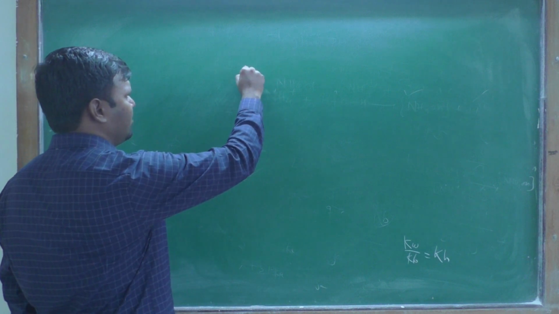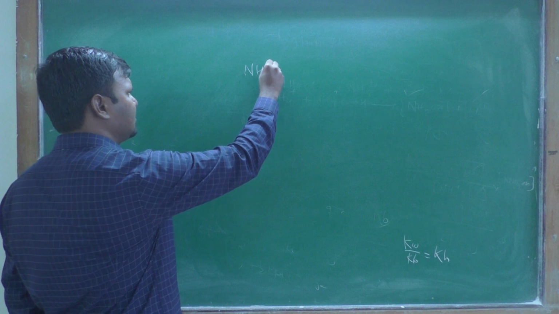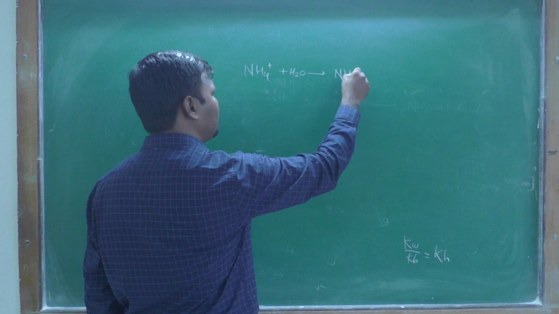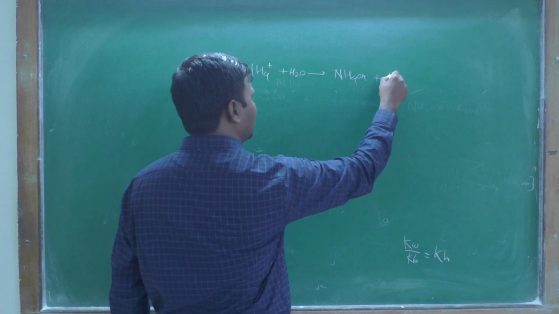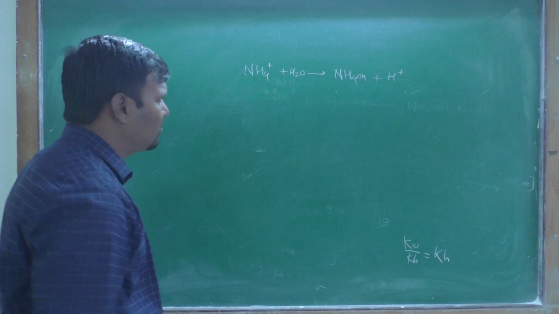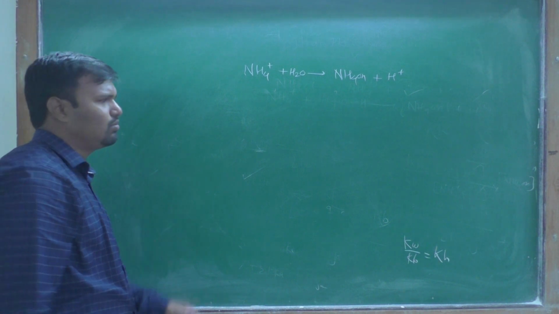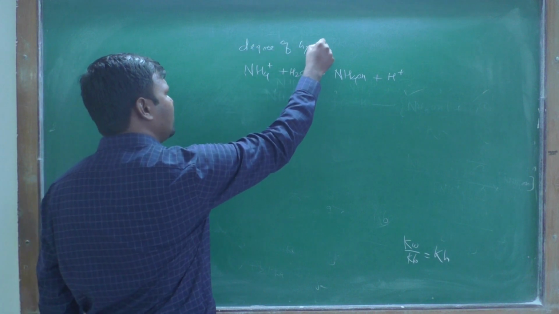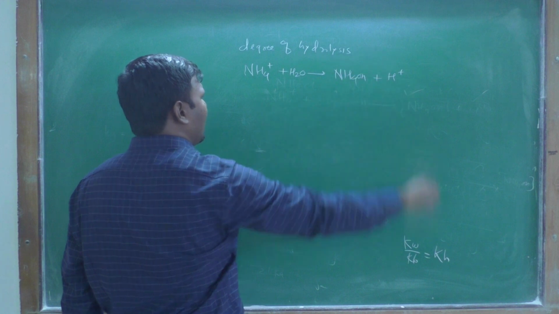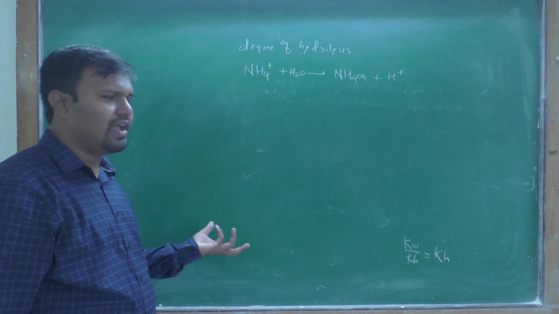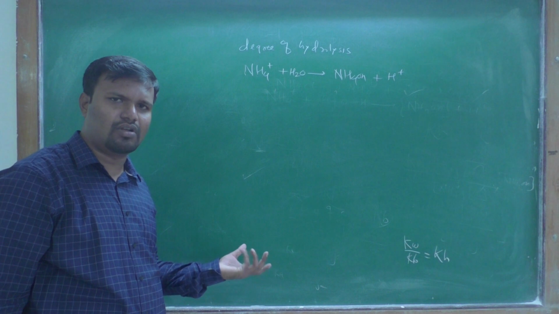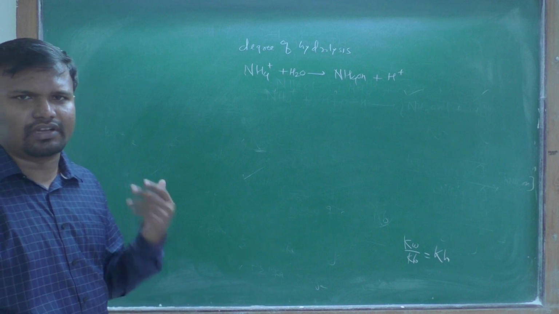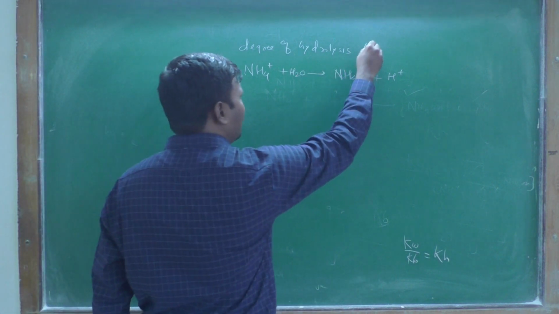Then the degree of hydrolysis. NH4 plus is hydrolyzed by water to give NH4OH and H plus ions. We are interested in finding the degree of hydrolysis, which means the number of ions of the salt hydrolyzed upon the total number of salt taken, denoted by h.